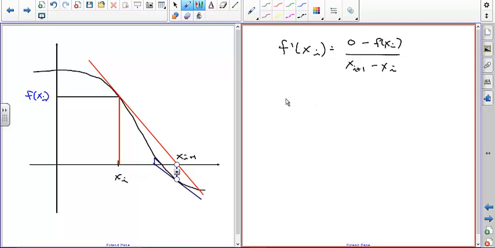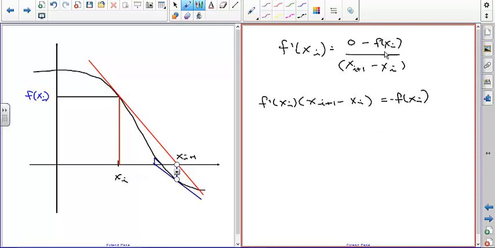So if we solve this, let's multiply it out. If you cross multiply here, you'd have f prime at the initial value of x times x sub i plus 1 minus x sub i is equal to f of x sub i. So I just drop negative f of x sub i. So you drop the 0.